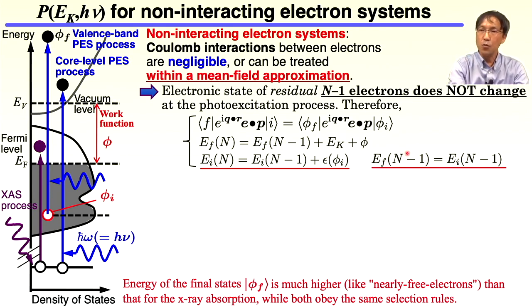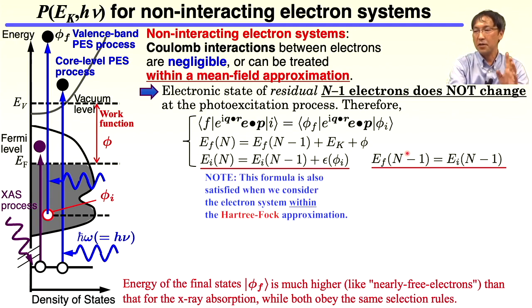Since now we consider a non-interacting electron system, the photoemission process becomes a one-electron problem. These two formulas are satisfied only when the non-interacting system is considered. The initial state energy can be divided into the residual n-1 electron energy and the energy level of the one-electron state phi I to be excited. This energy level is relative to the Fermi level for solids.